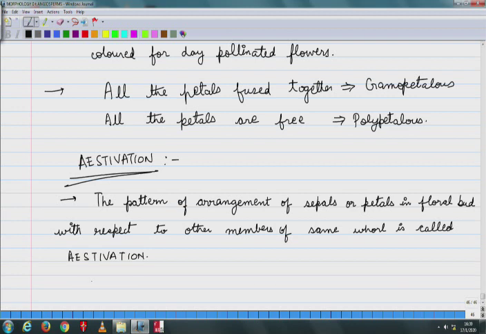So what are the types of estivation? Types of estivation.